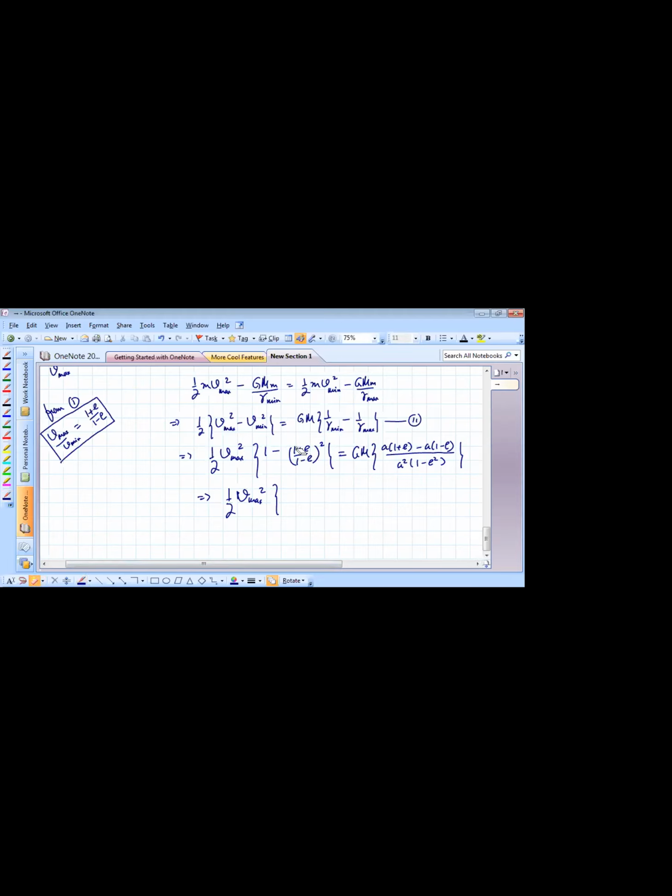This should get inverted. Okay. So this becomes 4e upon 1 plus e whole square.